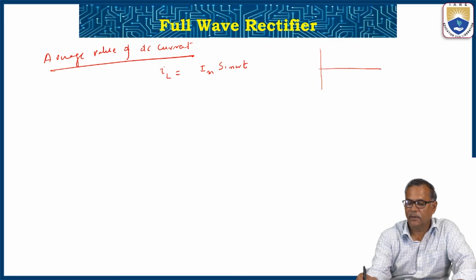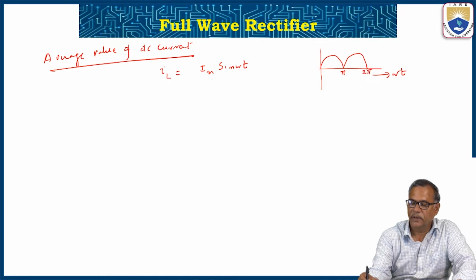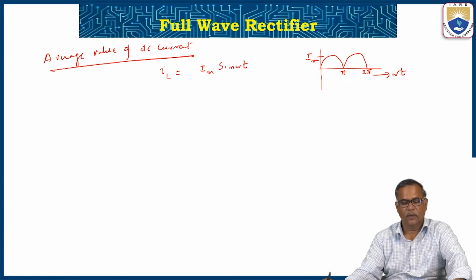The waveform for this load current is like this: this is omega t, this is pi, and this is 2 pi, and the maximum peak value is IM.